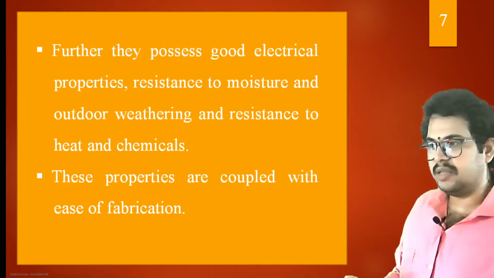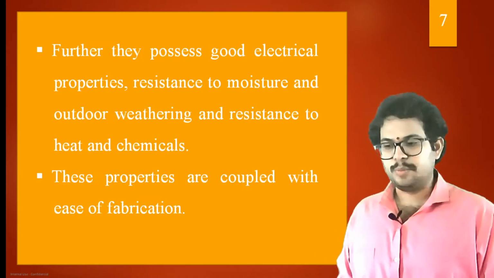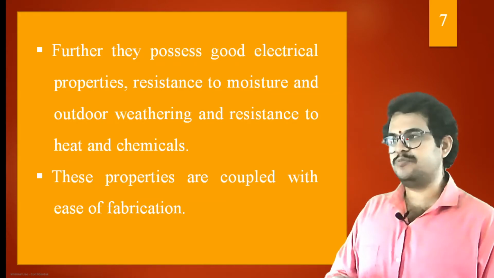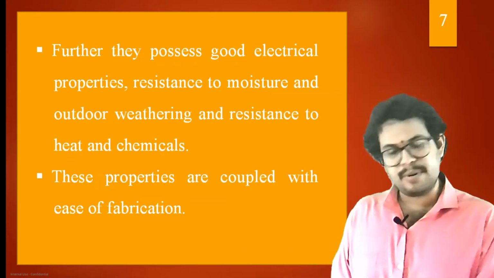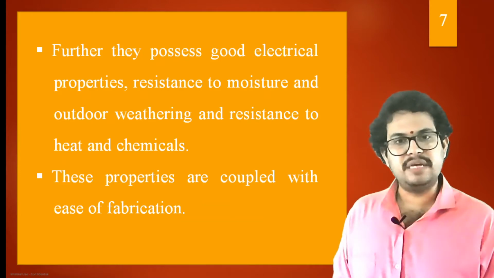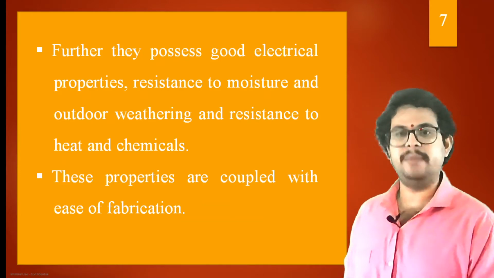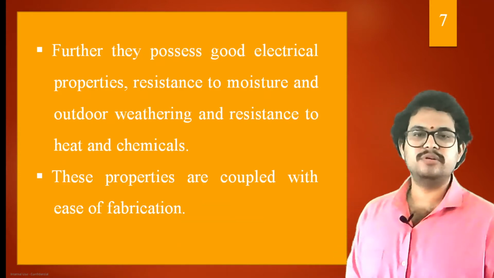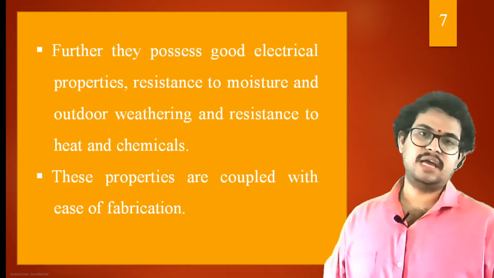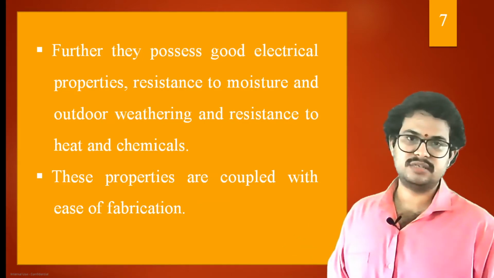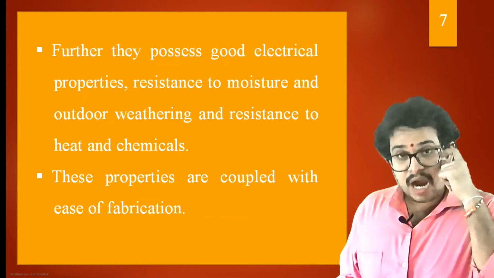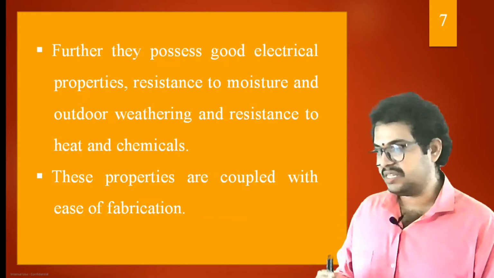It is not necessary that the materials are used to prepare components which are not exposed to chemicals. We will be preparing machining components which will be subjected to chemicals. Therefore, they should also be able to withstand chemical exposure. These properties are generally coupled with ease of fabrication.